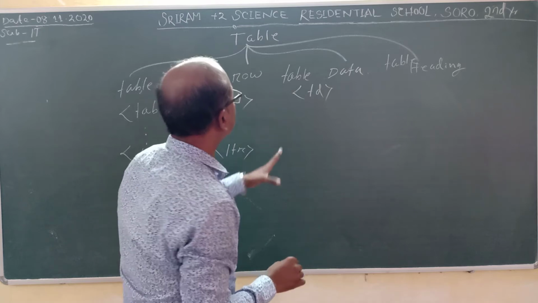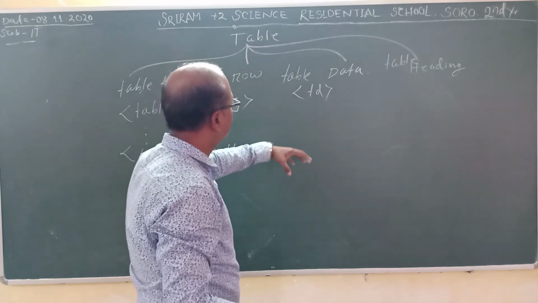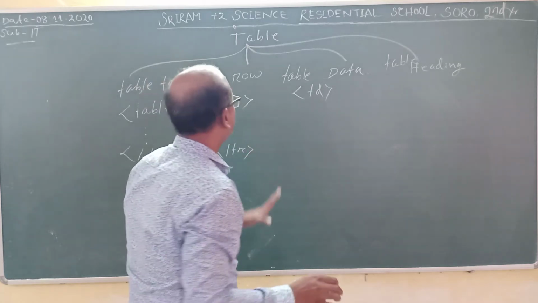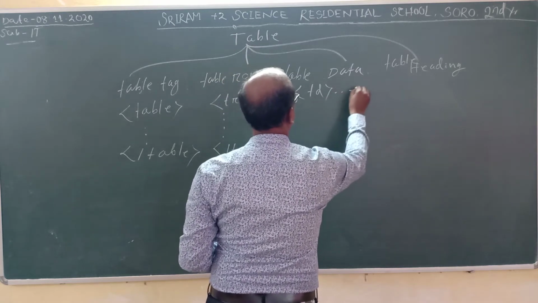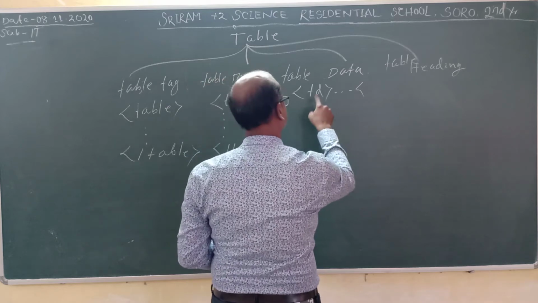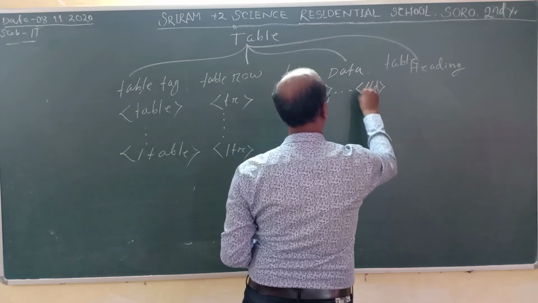The td tag is used to insert the data inside the table. The tr is the row, but td is the part for data. td is the opening tag, and slash td is the closing tag.